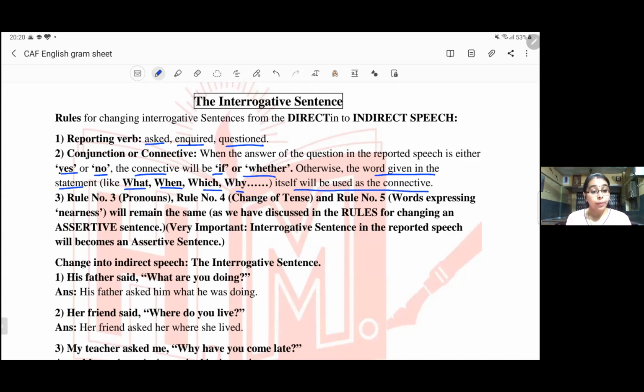Right? Pronouns, change of tense, and words expressing nearness will remain the same. There is nothing different. We have already discussed in the rules for changing an assertive sentence.